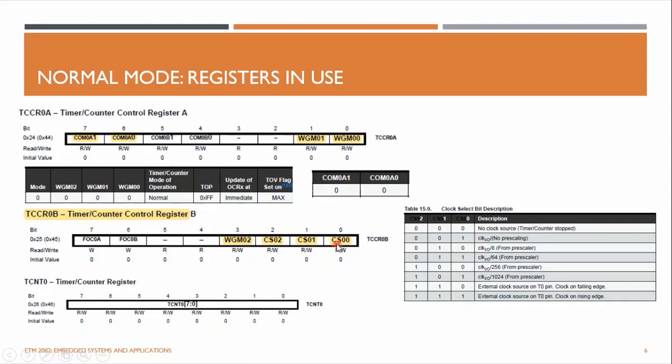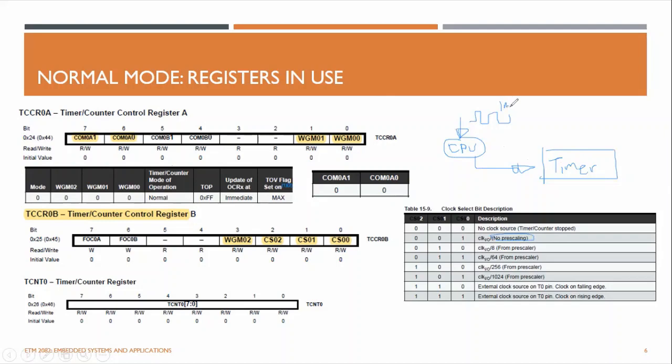If you use 001, you are using no prescaling, which means the timer gets the CPU clock frequency.